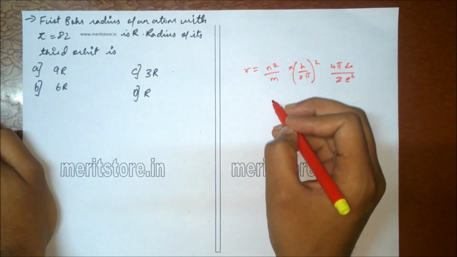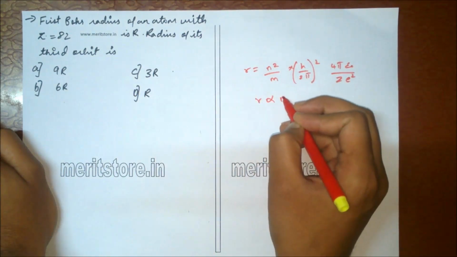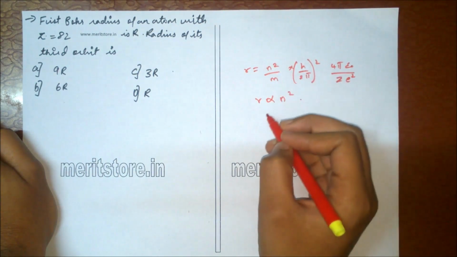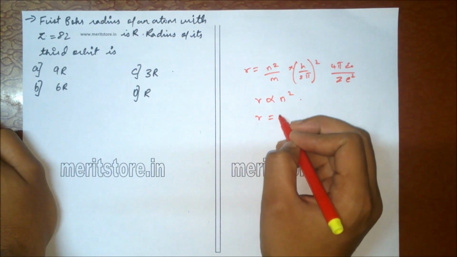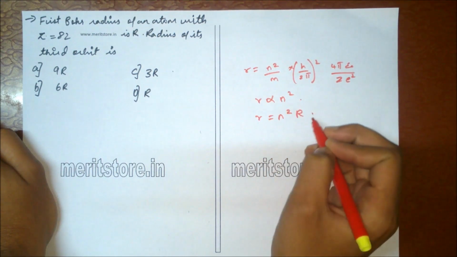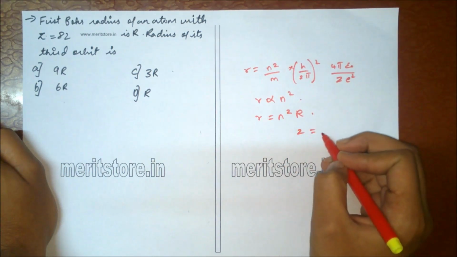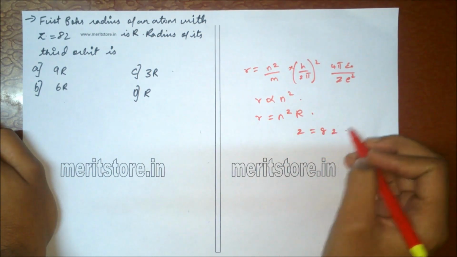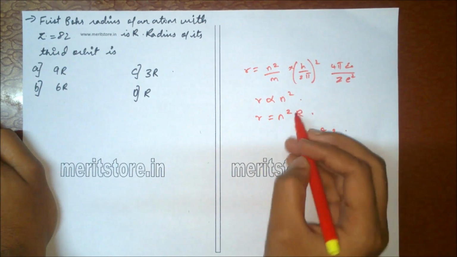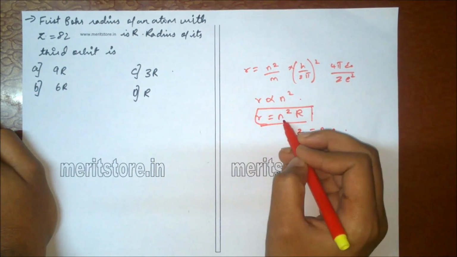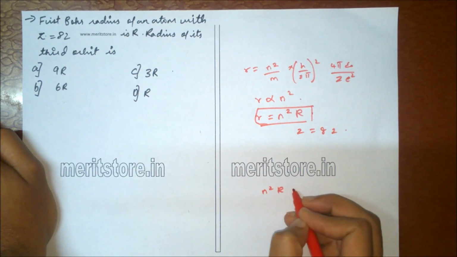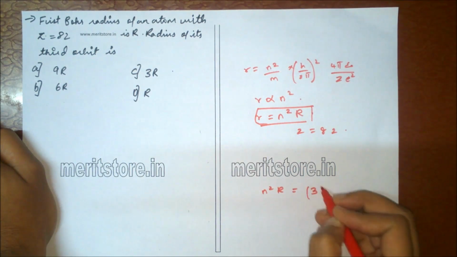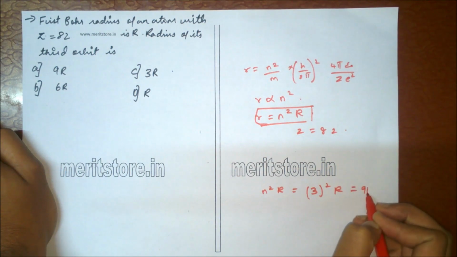So from this formula, we know that r is directly proportional to n square. For radius in first orbit it is R, and Z equal to 82 is given, which is also a constant value. So for the third orbit, we can write n square R is equal to 3 square R, which is equal to 9R.